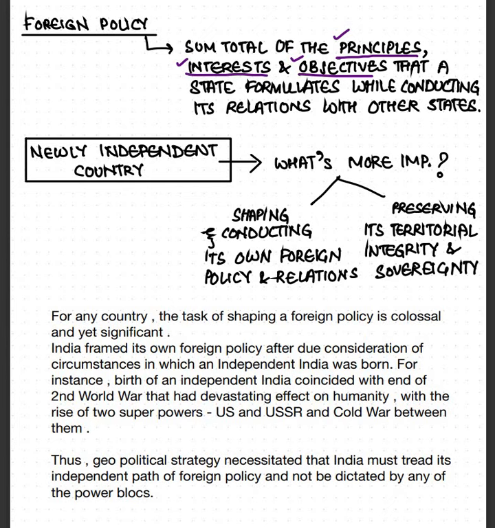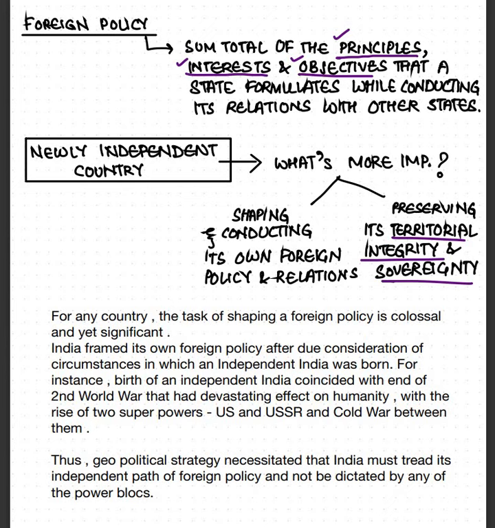Now, when a country is newly independent, जब एक country अभी नई बनी होती है, in that case, what is more important? क्या सबसे ज़्यादा important होता है इस केस में? First is to shape your own foreign relations, your foreign policies. And second is to preserve your territorial existence, your integrity, your sovereignty also. पहला तो important point ये होता है कि foreign policy बनाते वक्त आपको shape करना है कि आप क्या idea लेकर foreign relations establish करोगे. ठीक है, कैसा structure होगा आपकी foreign policies का.